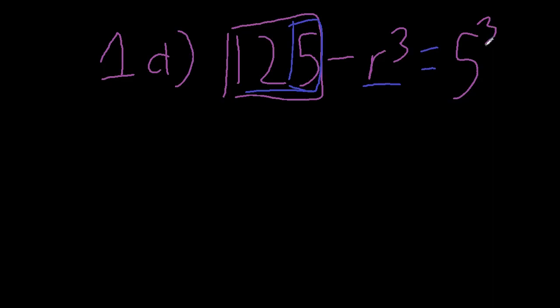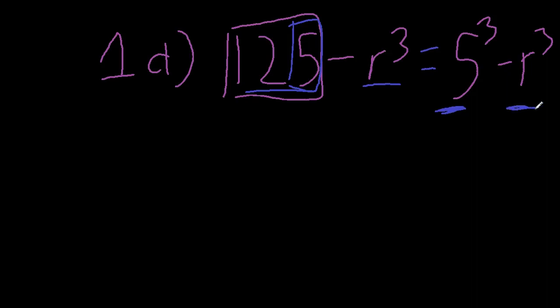5 times 5, 25. 25 times 5, 125. The r is already written in terms of something cubed. So now I can easily see that my a term is going to be 5 and my b term is going to be r.